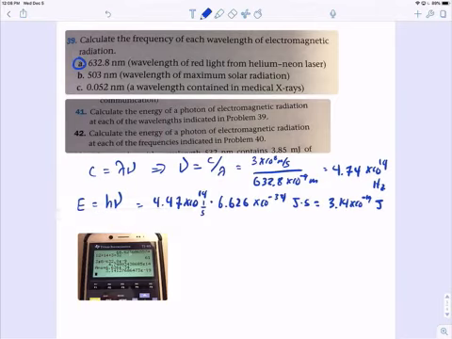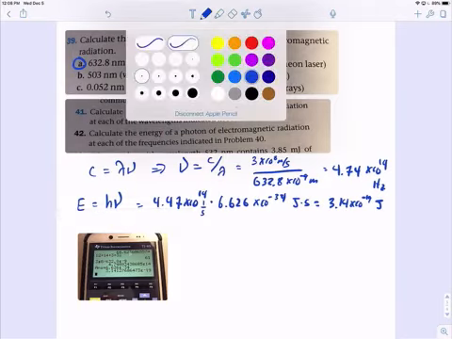So why don't you try B, the photon energy and the frequency.